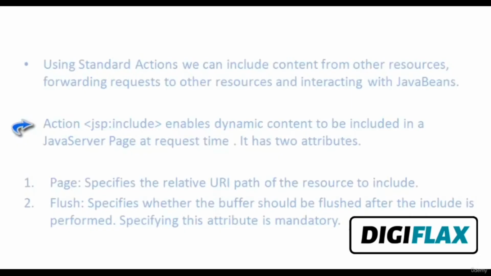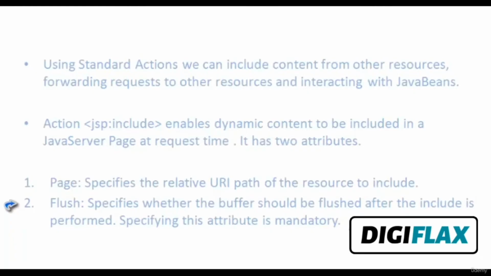It has two attributes. First, the page attribute. It specifies the URL path of the resource to be included. Second is the flush attribute. It specifies whether the buffer should be flushed after the include is performed. Specifying this attribute is mandatory.